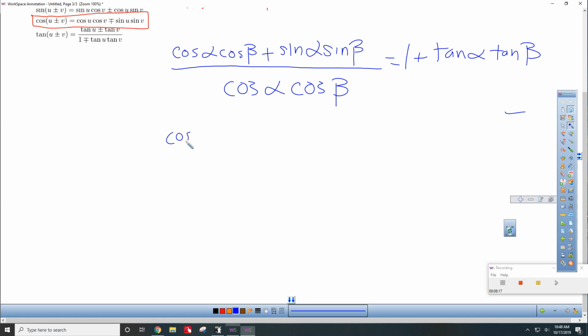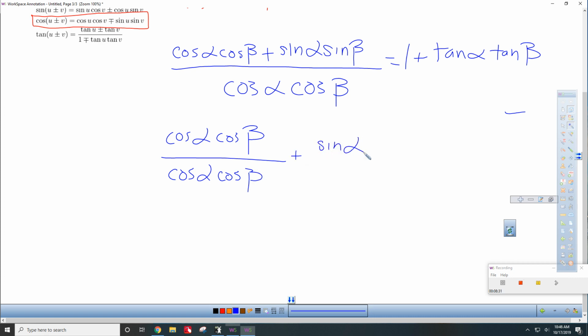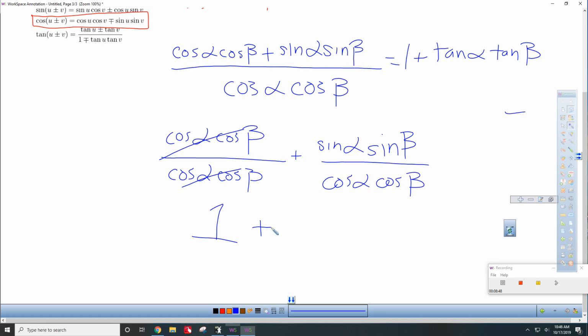So, cosine alpha cosine beta divided by cosine alpha cosine beta, plus sine alpha sine beta divided by cosine alpha cosine beta. What is this? That's 1. What is this? What's sine divided by cosine? Tangent. Boom!